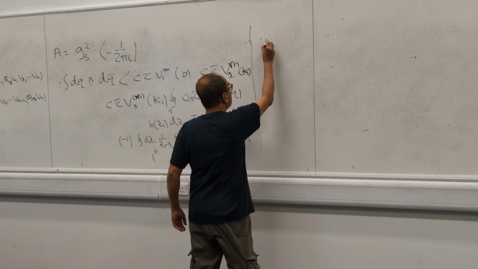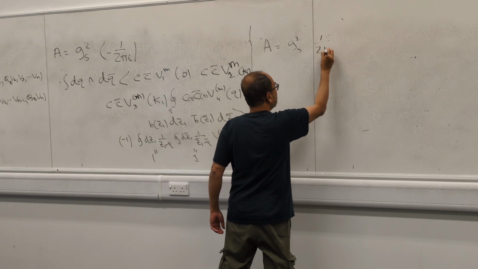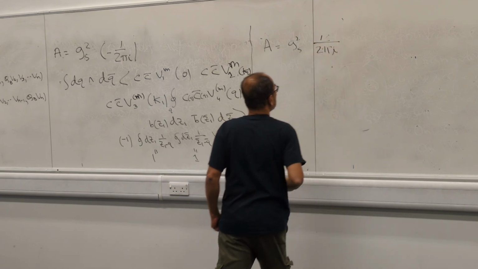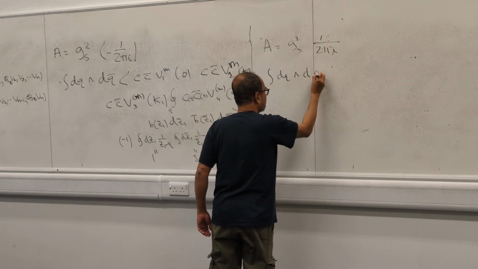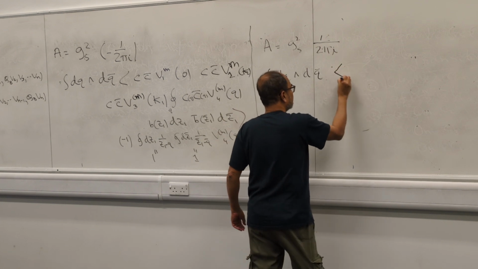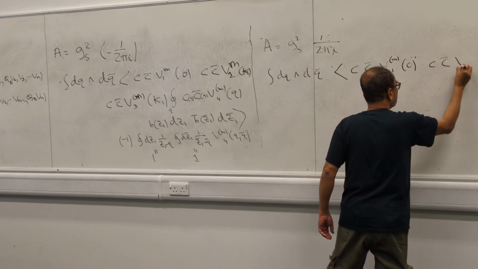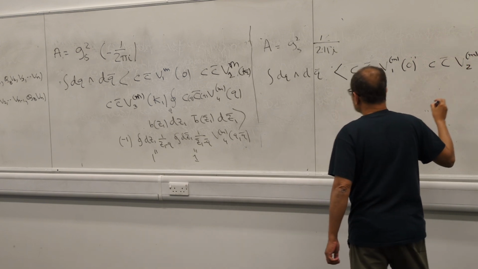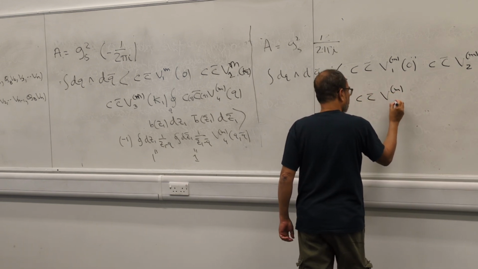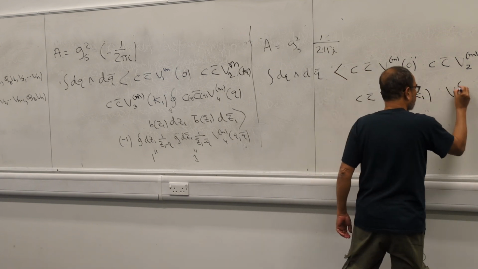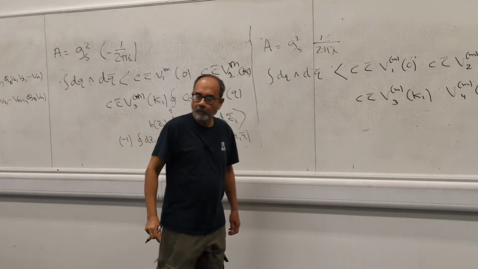So we get an amplitude as Gs times Gs square, 1 over 2 pi i, integral dq wedge dq bar, okay, and this is the form which many of you may be familiar with.